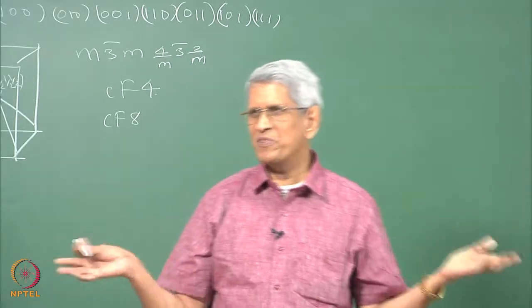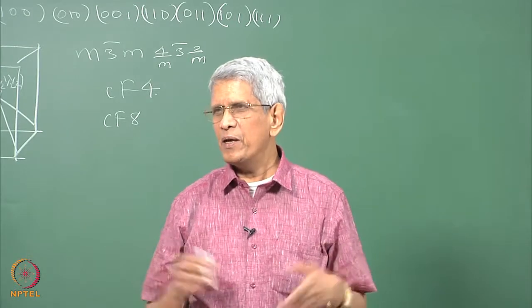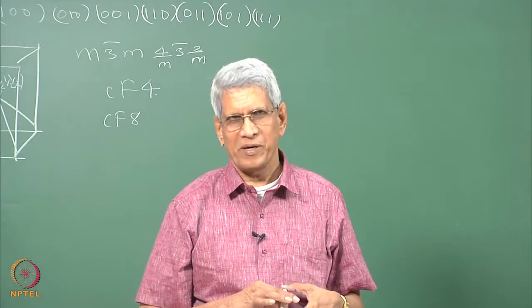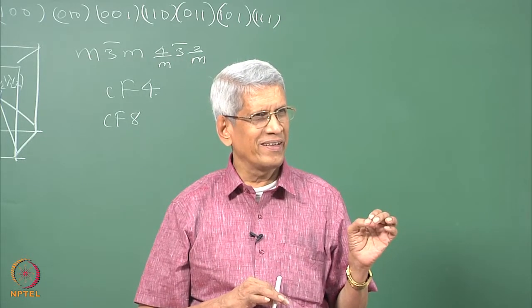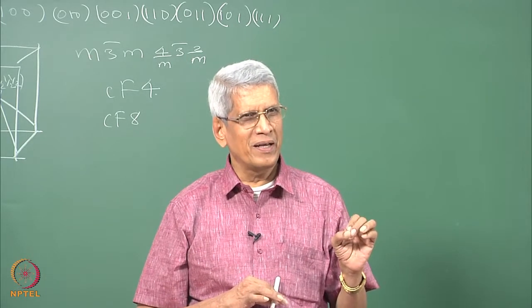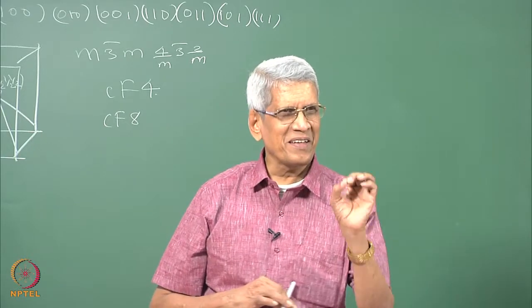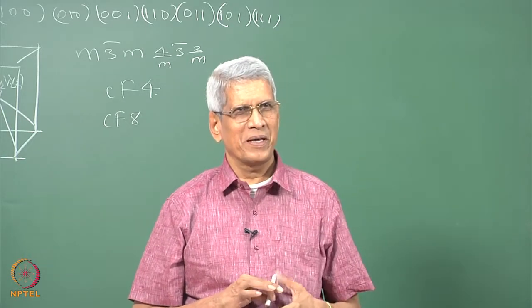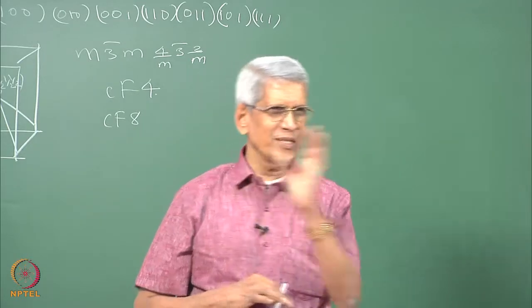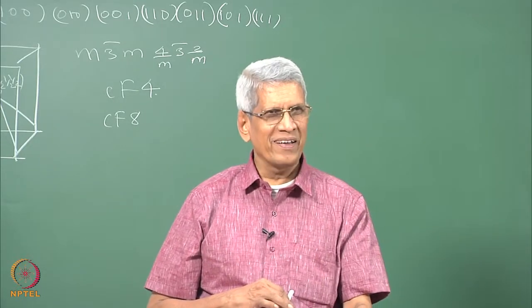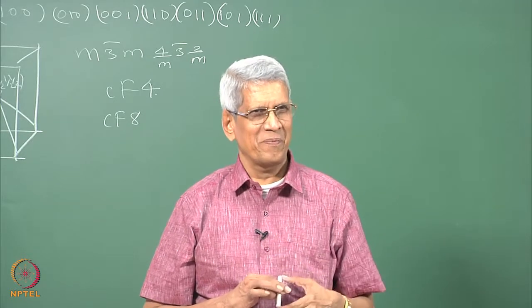It need not be for FCC or BCC. For every non-primitive cell we can construct one. You have heard of the Brillouin zone, na? Brillouin zone is nothing but the Wigner-Seitz cell in reciprocal space. Corresponding to the Brillouin zone in real space, what you draw is the Wigner-Seitz cell.